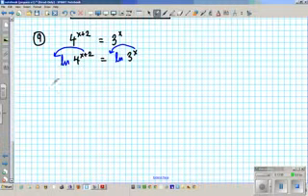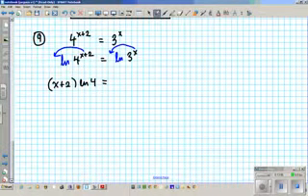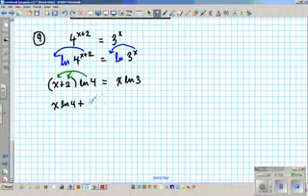So we're going to have x plus 2 times the natural logarithm of 4 equals x times the natural logarithm of 3. So when you distribute this natural logarithm of 4 to both terms, on the left side, you're going to have x times the natural logarithm of 4 plus 2 times the natural logarithm of 4 equals x times the natural logarithm of 3.